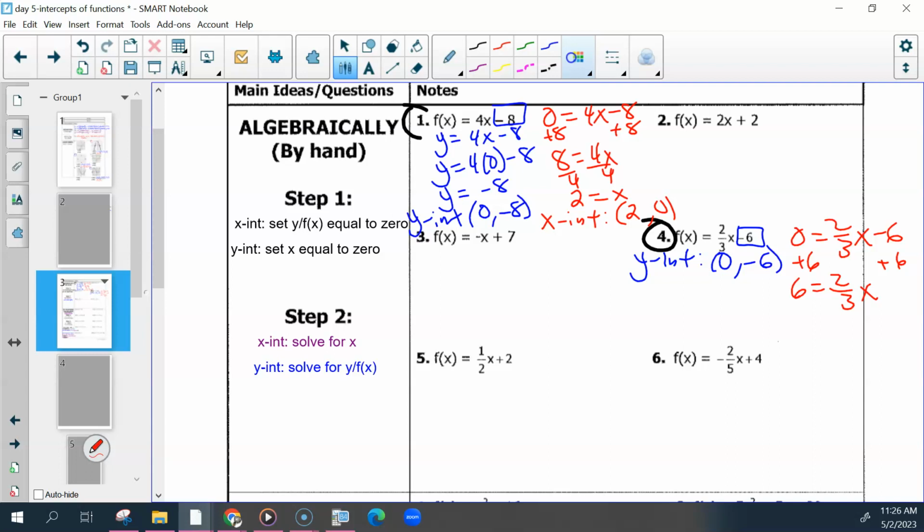Okay, we could divide it, but then we'd have fractions within fractions. What else could we do instead? What's the opposite of division?